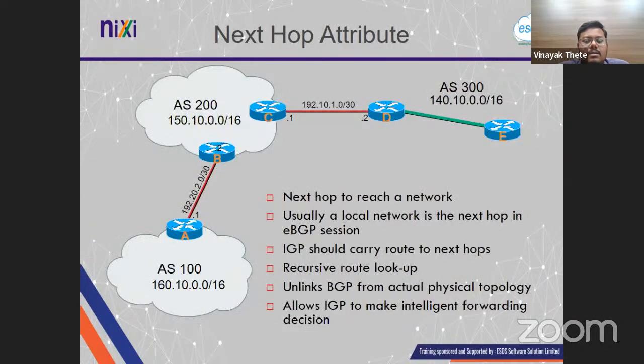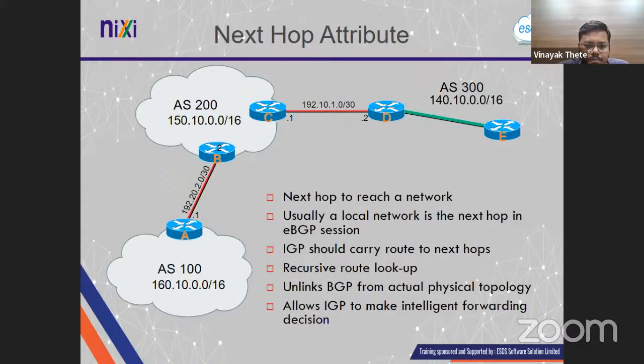The AS path is a mandatory attribute, and the second attribute is the next hop attribute, which is used for both iBGP and eBGP. The BGP next hop attribute is the next hop IP address that is going to be used to reach a certain destination. For eBGP, the next hop is always the IP address of the neighbor specified in the neighbor command.